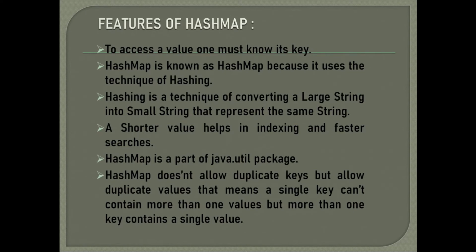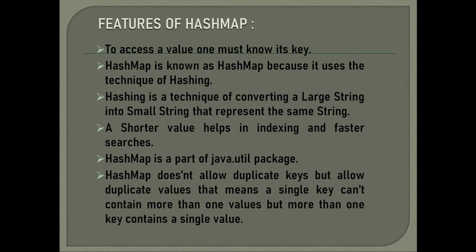HashMap is known as HashMap. Why? Many people wonder why we call it HashMap. It is called HashMap because it uses the technique of hashing. And now the question arises: what is hashing? Hashing is a technique of converting a large string into a small string that represents the same string. It means that if we have a large string, we no longer need to search that large string.